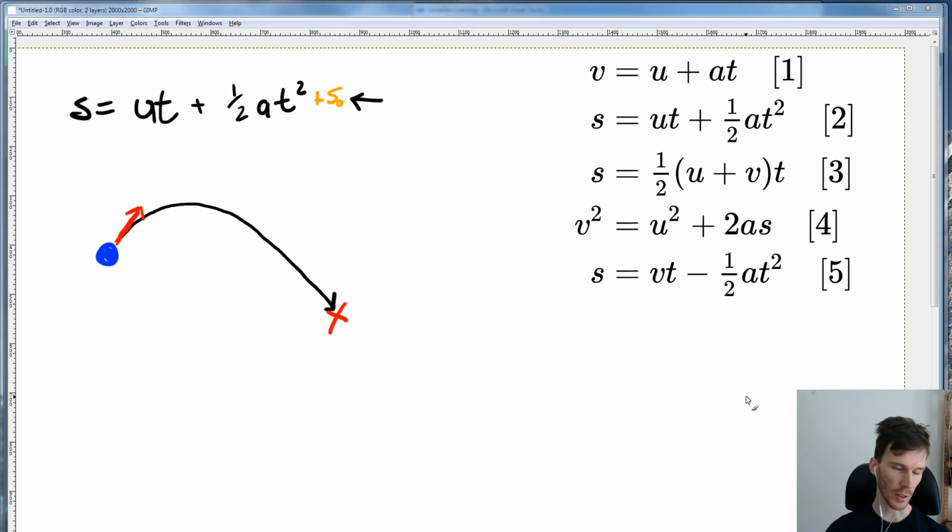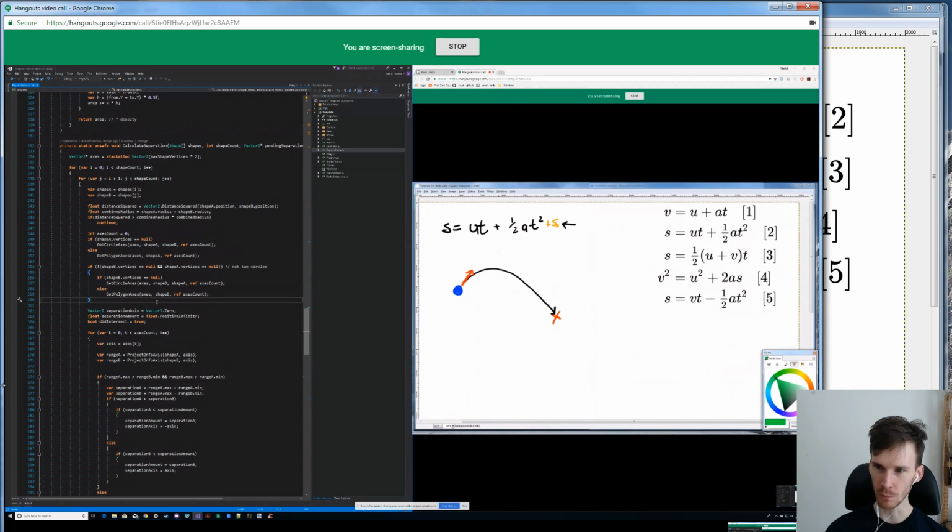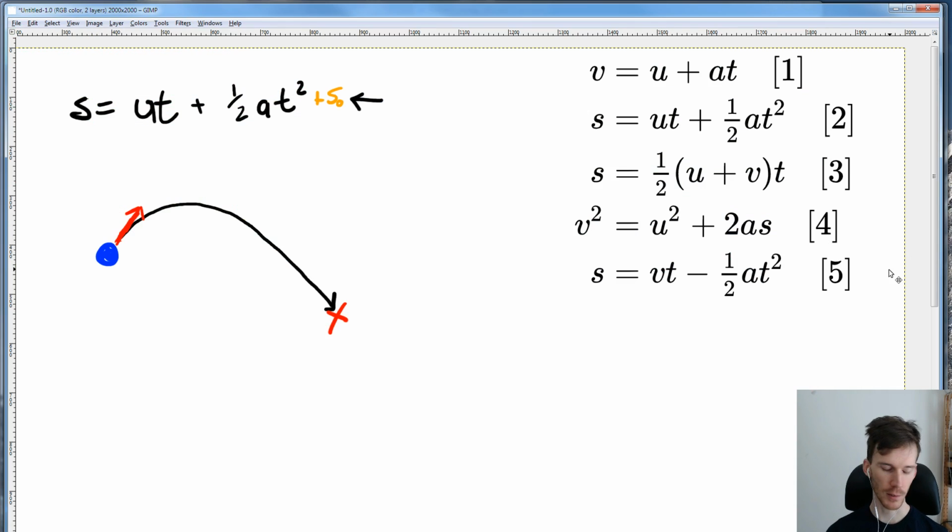Mm-hmm. So this breaks down into a couple of parts. Basically, we could do it in a single step and we'd end up with something that would look like a direct shot.